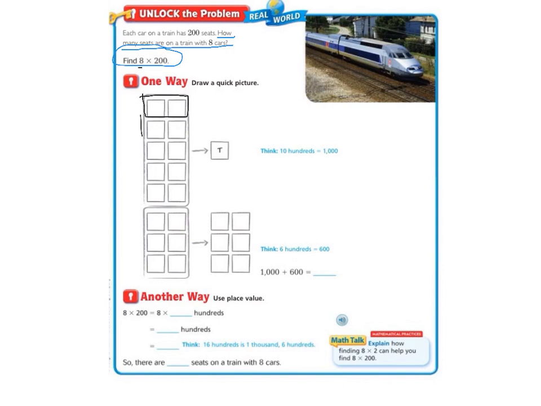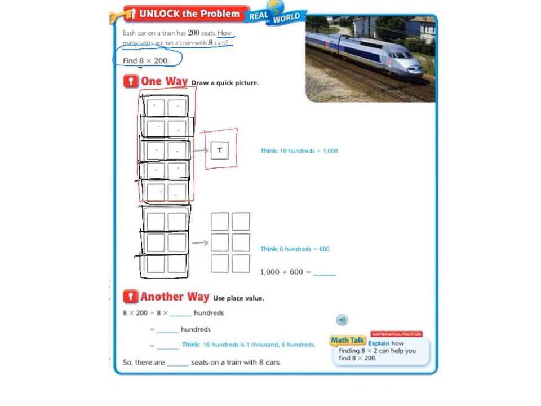So I have 1, 2, 3, 4, 5, 6, 7, 8. I have 8 sets of 200. Now that I have all these hundreds, let's see if I can regroup them in a way that makes it easier. Well, if I have 10 hundreds, 1, 2, 3, 4, 5, 6, 7, 8, 9, 10, that makes 1,000.